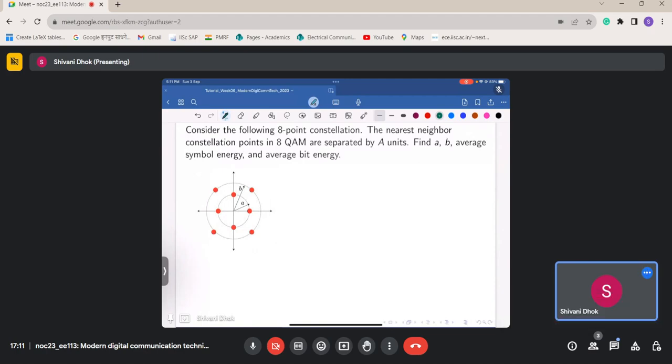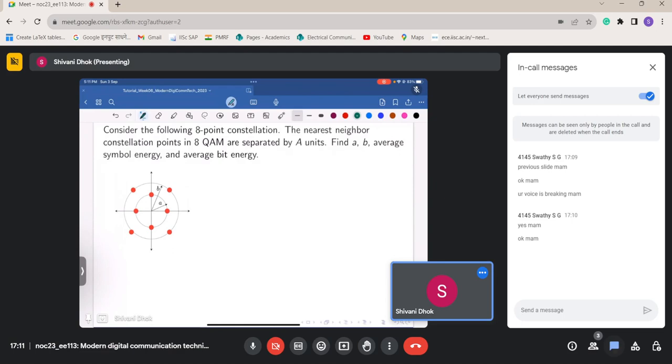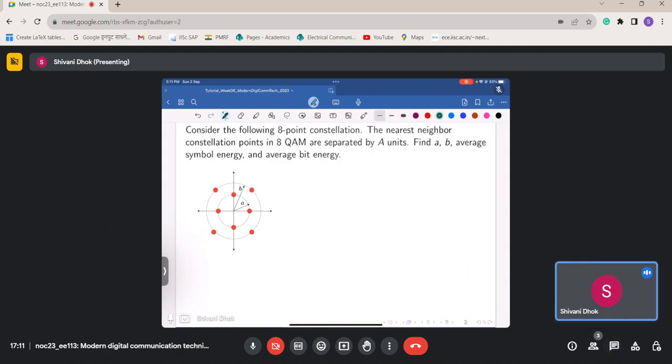So what is said is the nearest neighboring constellation points are separated by a distance of A. That is, this distance is A, and this distance is also A. And again, this distance is also A. This is what is being given.